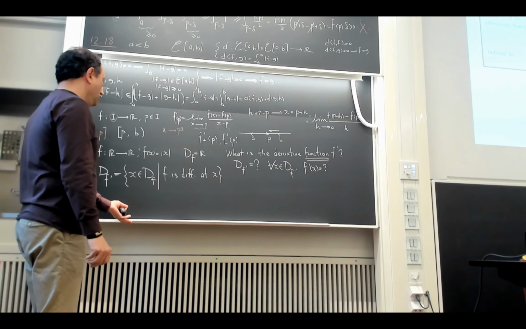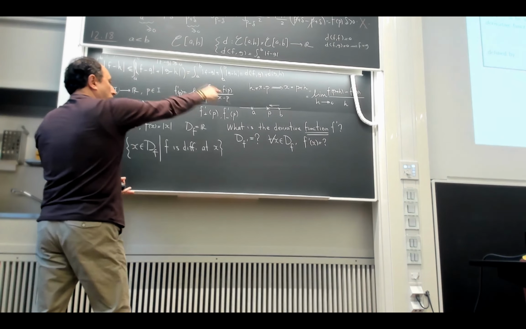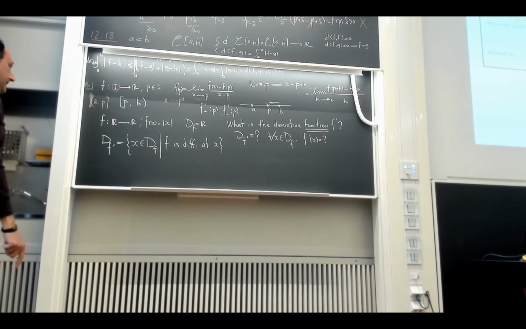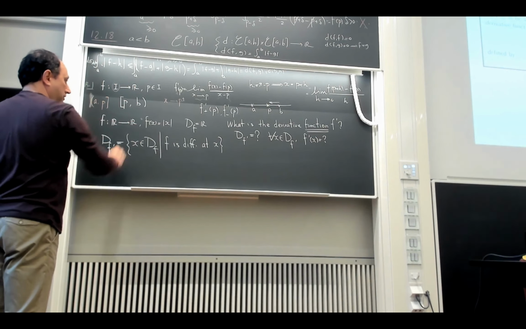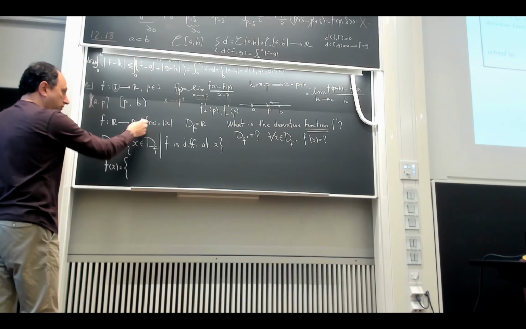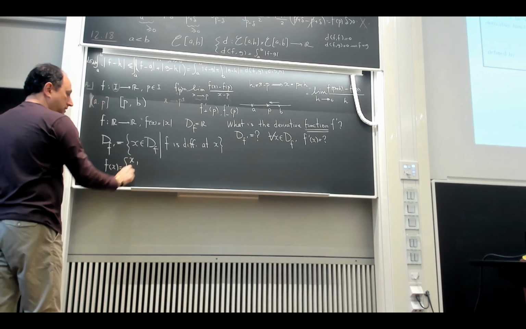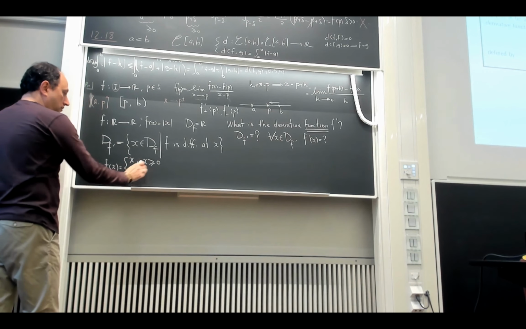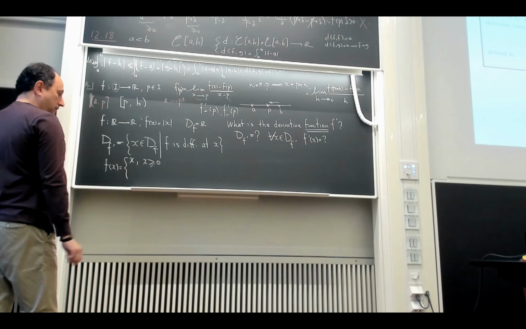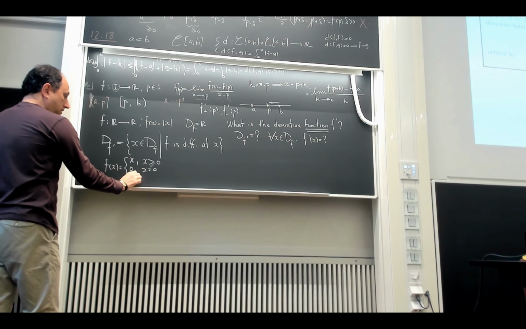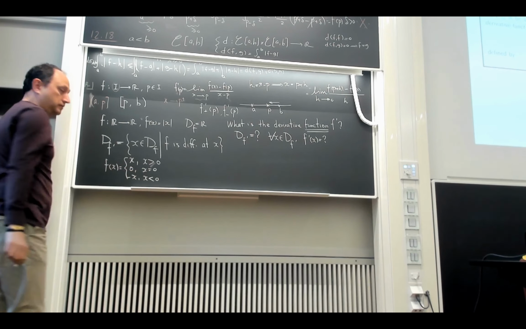Okay? So the first thing I want to talk about is the domain of this function. You know that f of x is the absolute value of x. So it is x if x is greater than or equal to 0. Let me write it in 3 steps: x if x is positive, 0 if x is 0, and minus x if x is negative.